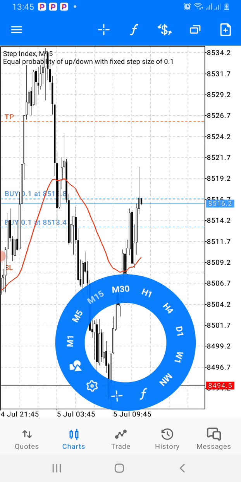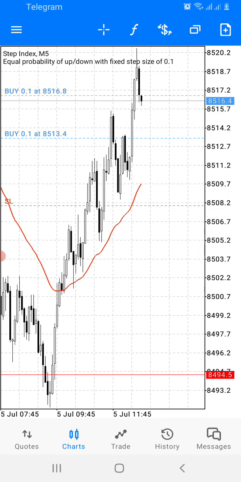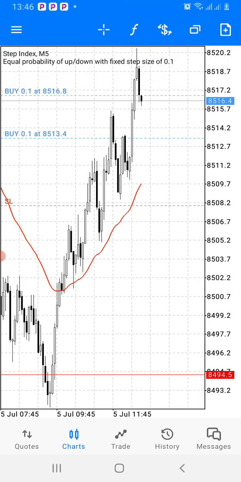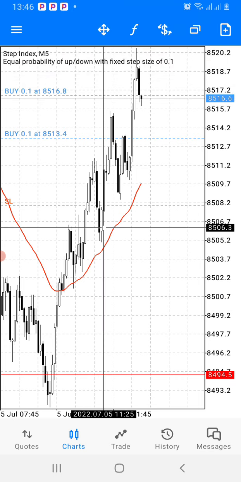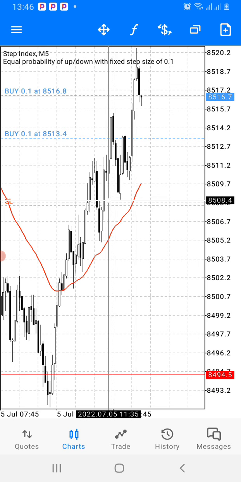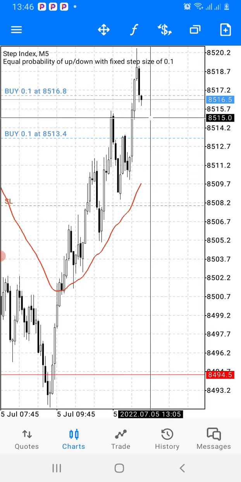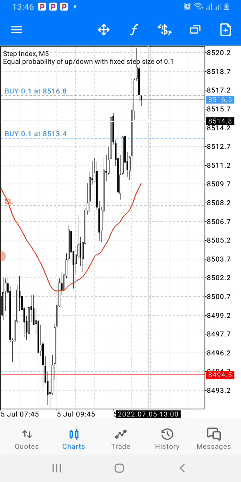So this new position I entered is actually supposed to have a different stop loss level, though it depends. You can decide to just maintain the same stop loss level, or you can put a stop loss level just below around this level. So that's just basically how you trade conservatively, guys, and make profit consistently.